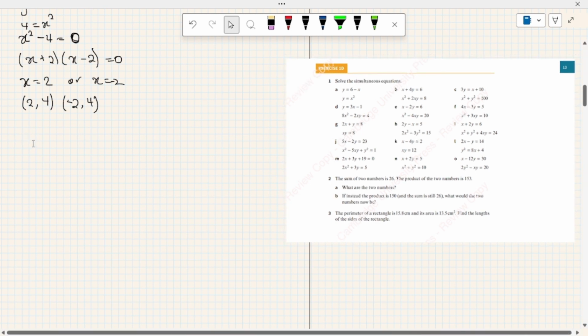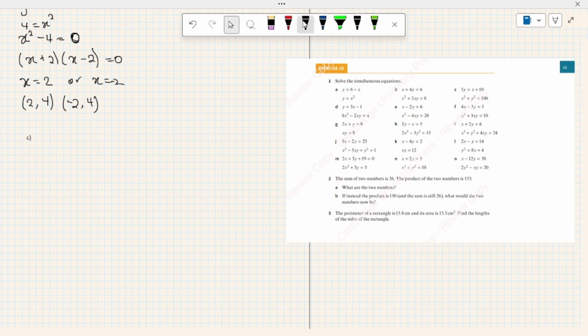So the second question is what? I said it's going to be A, C, and G. So let me see this one. It's going to be C, this one. So what does C say? It says 3y is equal to x plus 10.